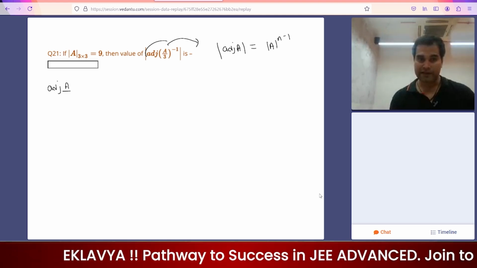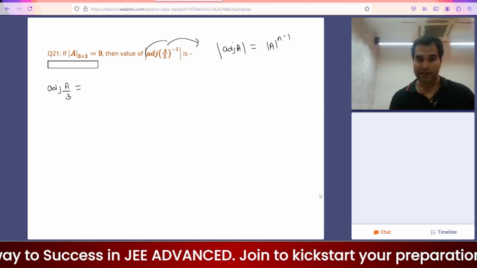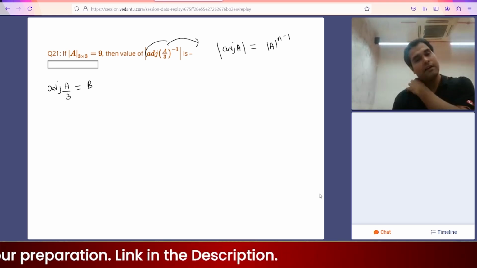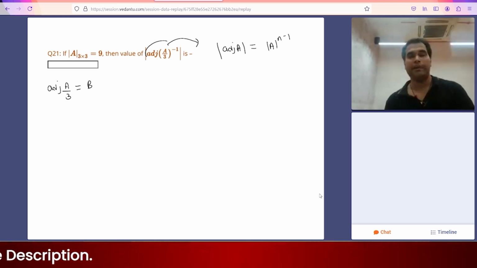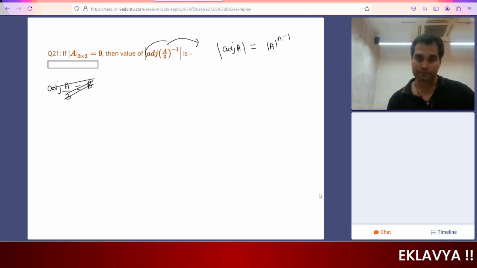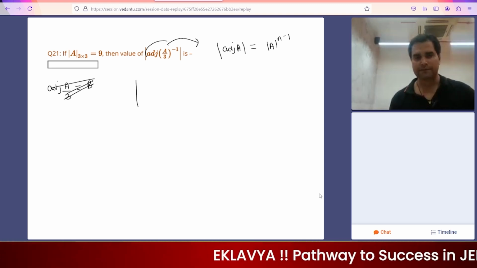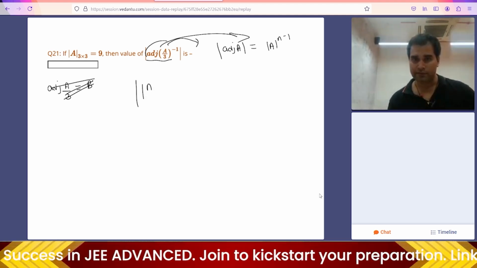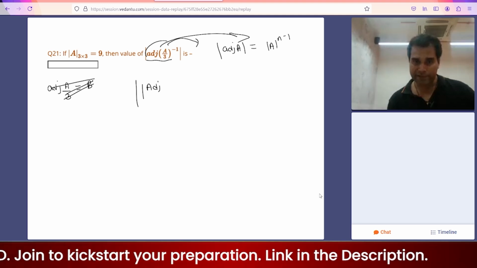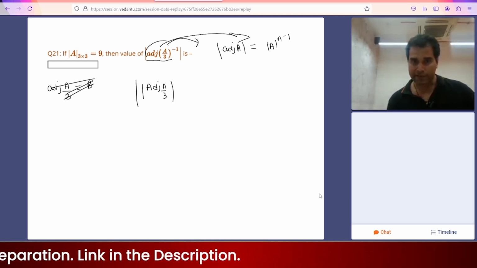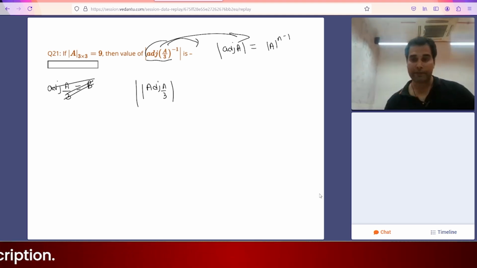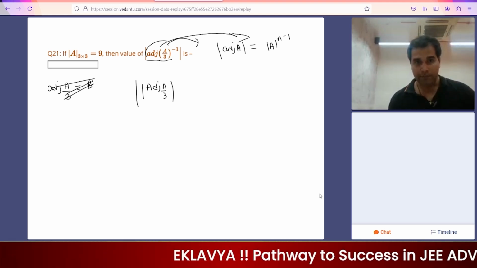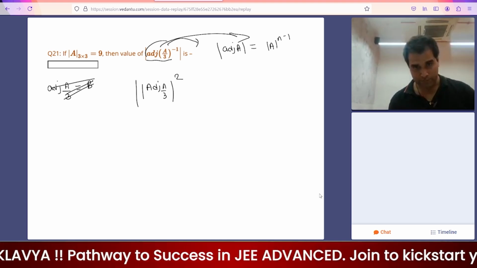Let adjoint of A by 3 be B. The determinant formula is used directly: determinant of adjoint of A by 3. Adjoint of A by 3 is also a matrix, to the power n minus 1. Here the order of the matrix is 3, so 3 minus 1 means 2.